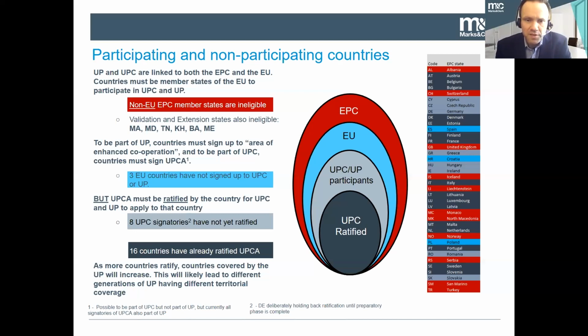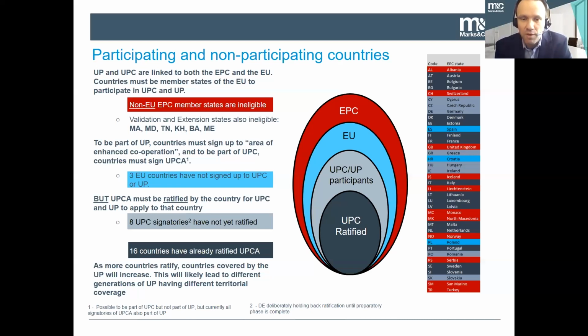Now you can also see a dark gray and a light gray ovoid. The light gray ovoid relates to all of those countries that actually participate in UP and UPC. You can see that, for example, Germany has said they would participate.